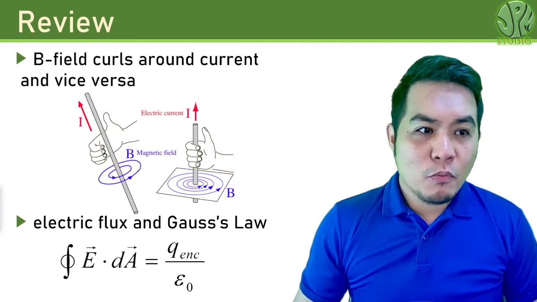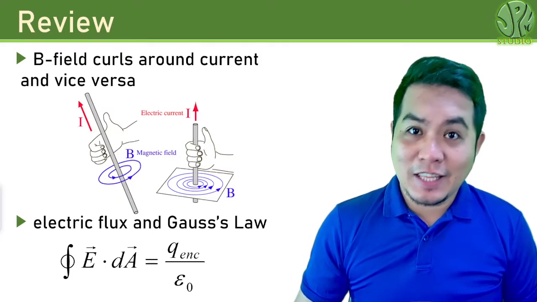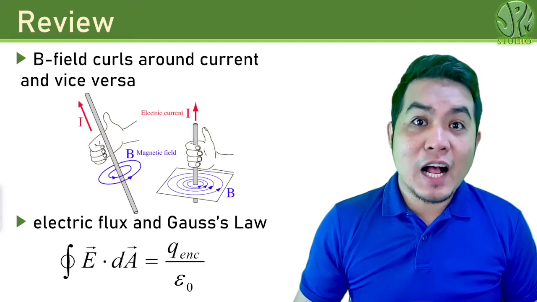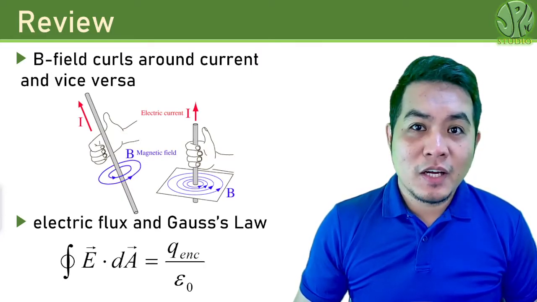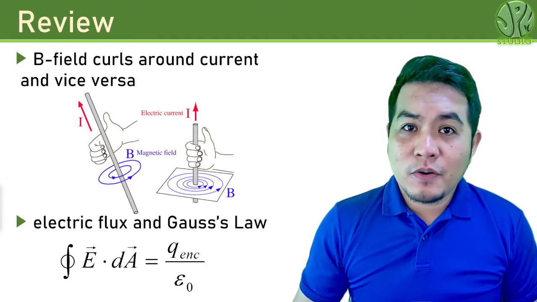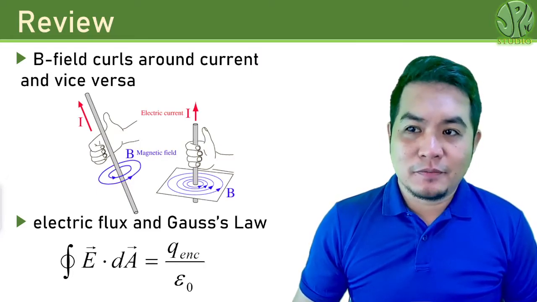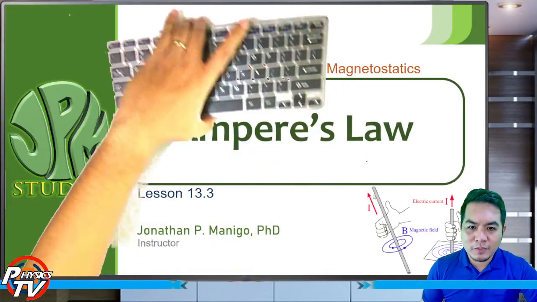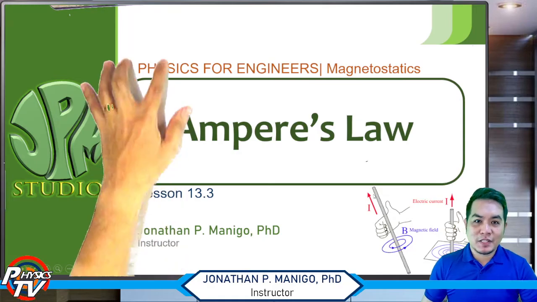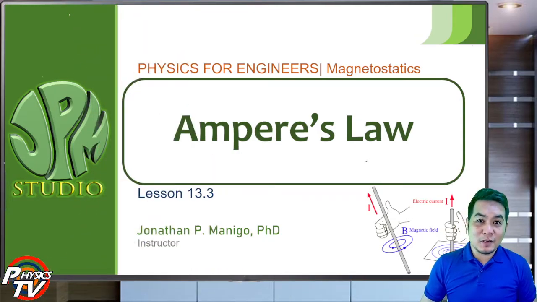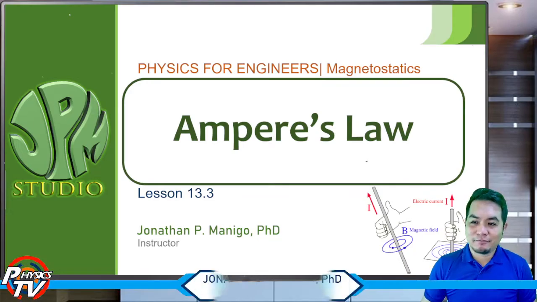Similarly, we will have something like this in magnetostatics, another alternative way to solve for the magnetic field, in the same manner as Gauss law is an alternative way of solving for the electric field. For this lesson, we will be talking about Ampere's law. Ampere's law is basically the analog of Gauss law in electrostatics.